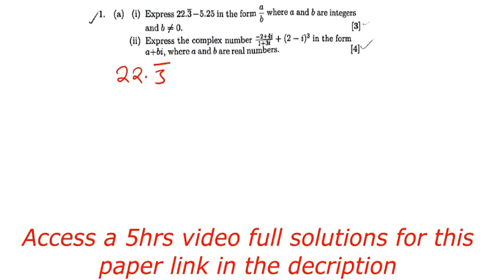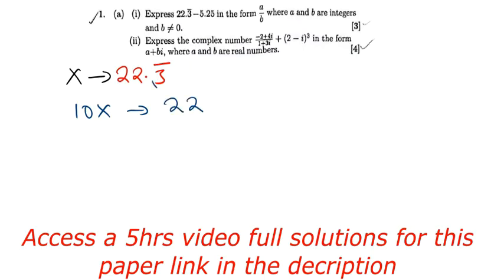Okay, so I'll use this trick. Let x be equal to that, right? What happens if we multiply both sides by, we only have one recurring number, so we can just multiply by a 10, so that we have 10x equivalent to 22.